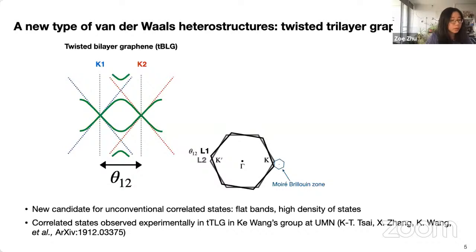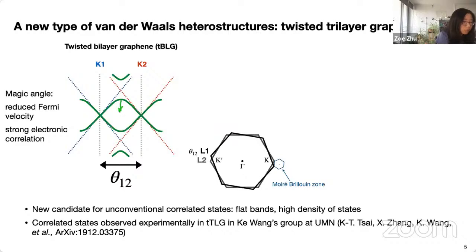In twisted bilayer graphene, we already understand at this point that the interacting Dirac cones would cause hybridization between these two cones because of the proximity brought by a small twist angle. And at the magic angle, the Fermi velocity would be further reduced because the band would flatten out. And this would imply strong electron correlation, signatured by an enhanced density of states.